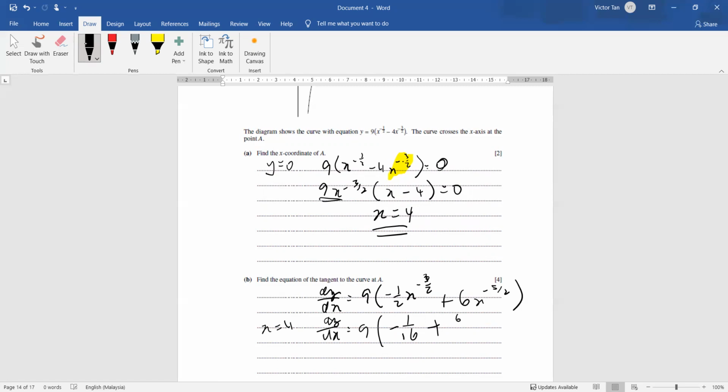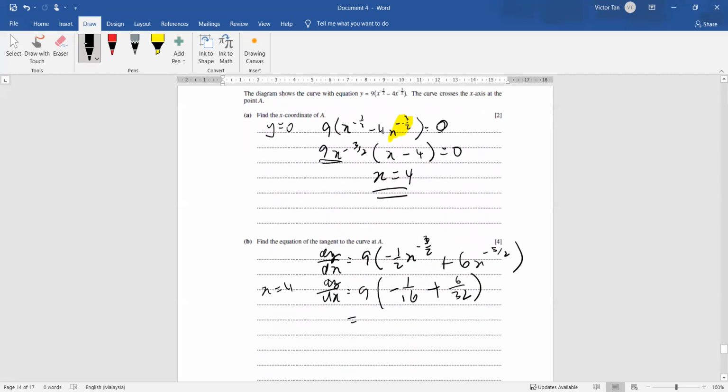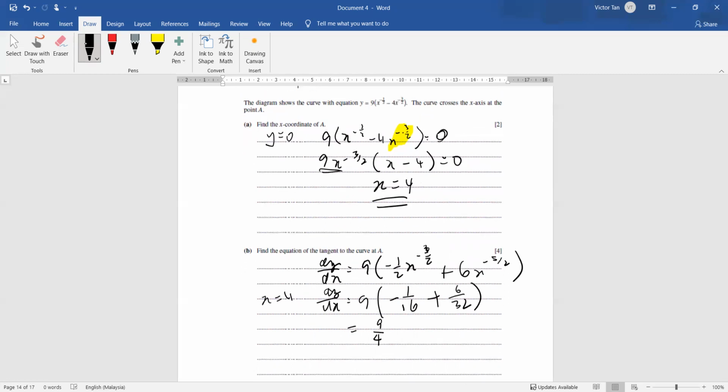So this is 6 over 32. So the gradient is 5 over 16 minus 1 over 16, which is 4 over 16, 1 over 4. So this is 9 over 4. Gradient is 9 over 4.